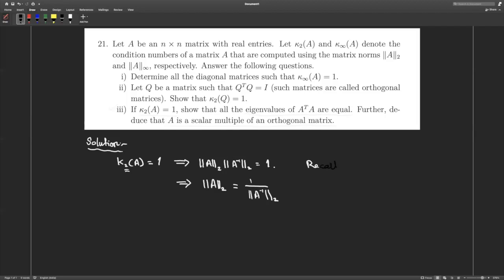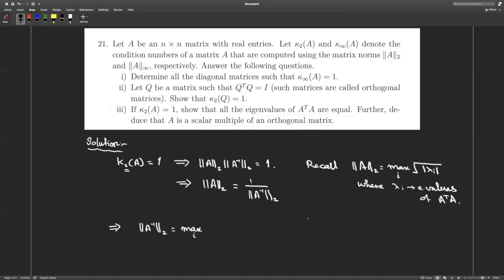Recall that the subordinate norm to the L2 norm is defined as the maximum of root mod lambda i, where the lambda i are the eigenvalues of the matrix A transpose A. That is how we have stated it as a theorem. So we will directly use that theorem here to get the formula for the 2 norm, and that implies that norm A inverse is defined as maximum of root mod mu i.